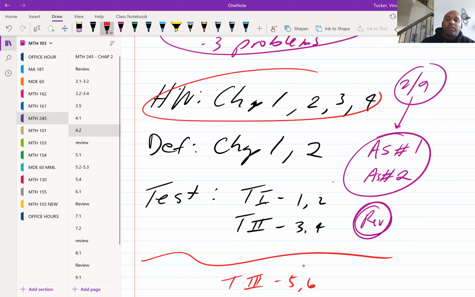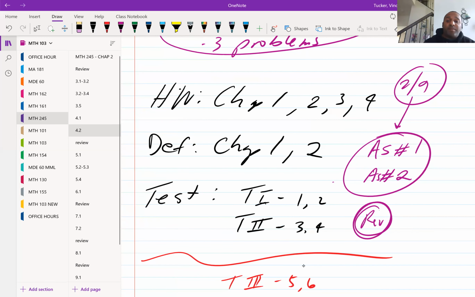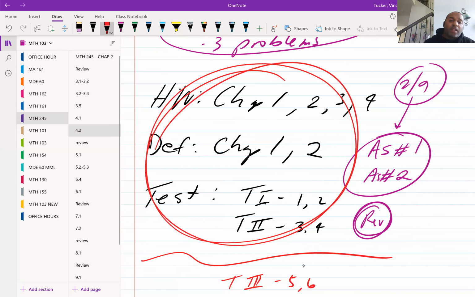But we've covered chapters 1 through 4. I believe everybody's giving definitions. If not, then make sure you give those to me. And then now you have test 1 and 2 available for you to knock out. I believe I posted test 2 already. I'll go in and check. But this is what you guys are responsible for up to this point.